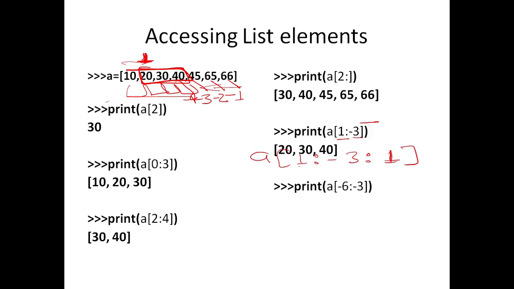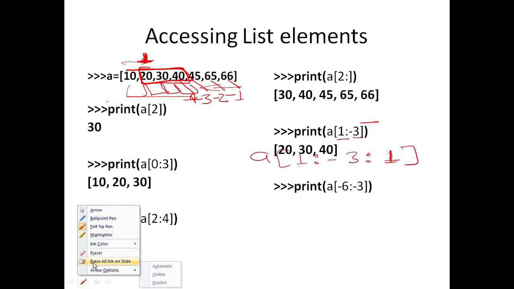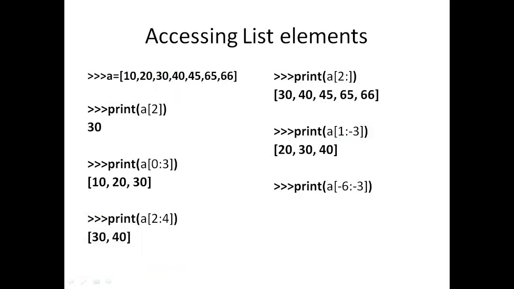Let's have another example in which I am using negative values for both the start and end index. Let's first write the indexes -1, -2, -3, -4, -5, -6 and finally -7. We are starting from -6 and ending at -3. So we start from here and end at this element.